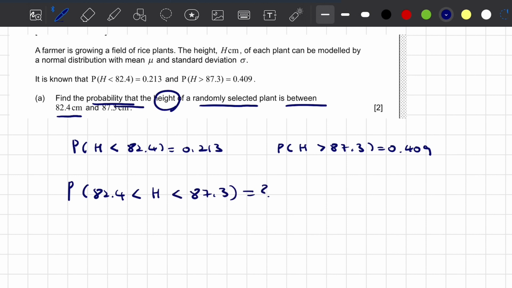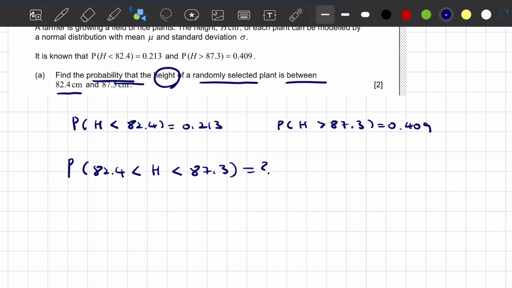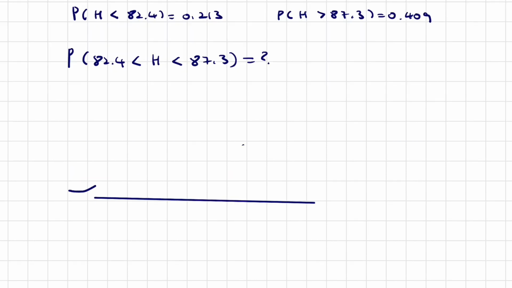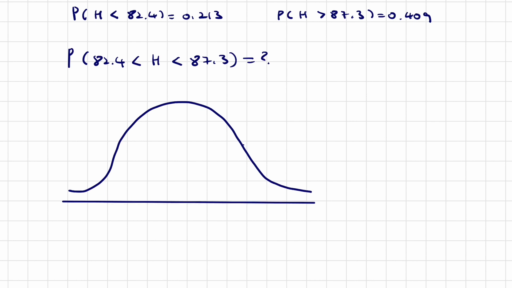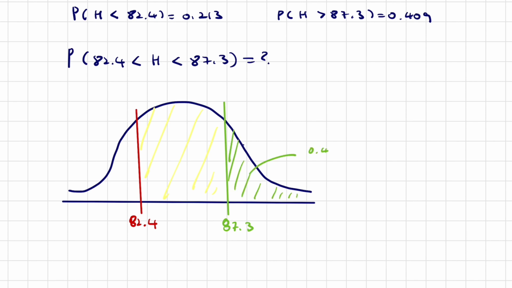87.3. Okay, so since the normally distributed case has a symmetrical graph like this, we can say about at this point we have a value of 82.4, and about right here we can say we have a value of 87.3, right? So we are trying to calculate the area between these two points, and we already know that the area after 87.3 is about 0.409.